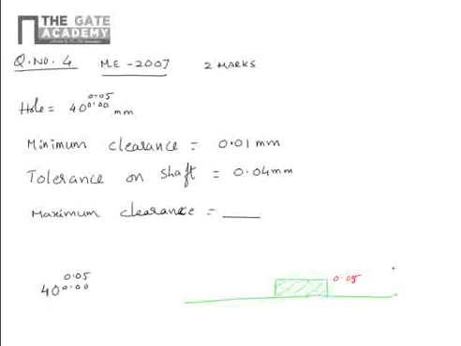Next, if you look at the other values which he has given, minimum clearance is 0.01. Clearance is the difference between the mating parts. So minimum clearance is 0.01, the difference between shaft and hole.